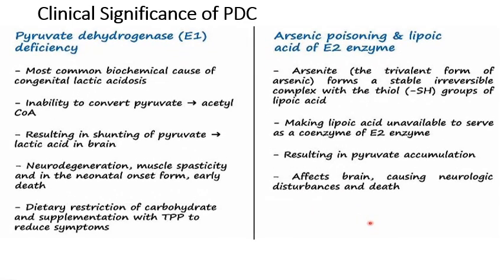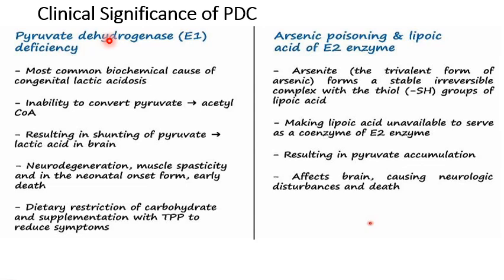I think I have only one more slide to go. What is the significance of PDC? Number one, the clinical significance. There are cases of pyruvate dehydrogenase deficiency, where E1 is deficient. What happens is that there is an accumulation of pyruvate, and instead of forming acetyl-CoA, it forms lactic acid.